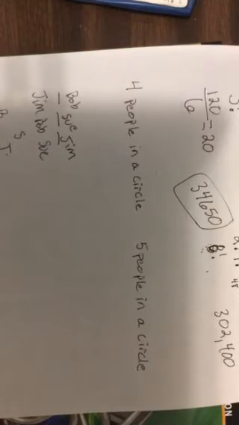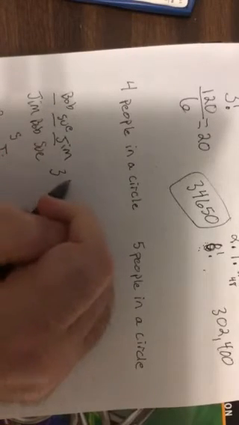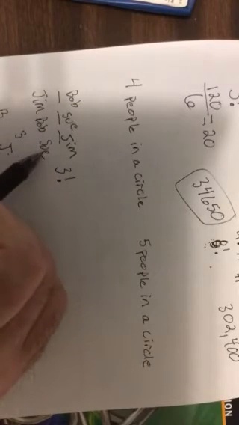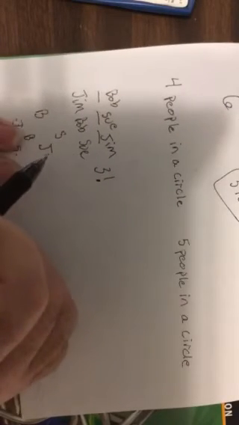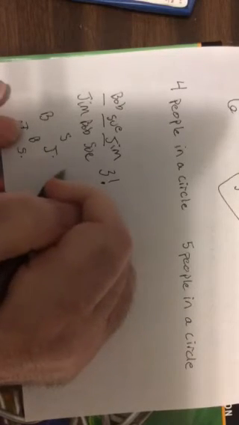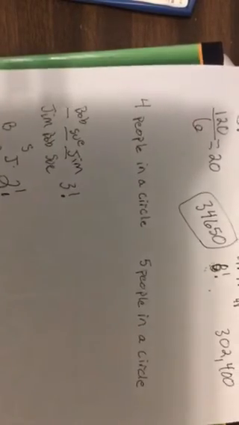So what happens is when you put things in a circle, you actually knock off one of the choices before you take the factorial. In a row, this is 3 factorial because when they move, it goes on the other side. It actually changes the order. But in a circle, it doesn't change when one person moves. So you just subtract one of the items before you take the factorial.